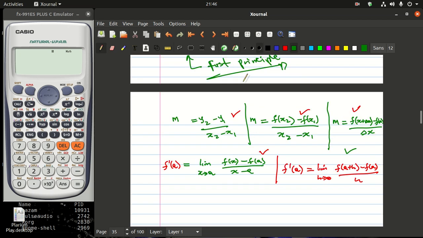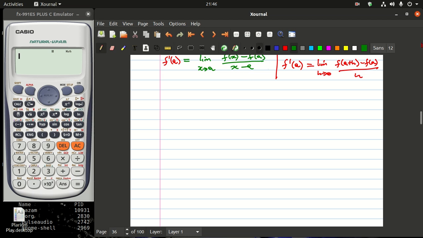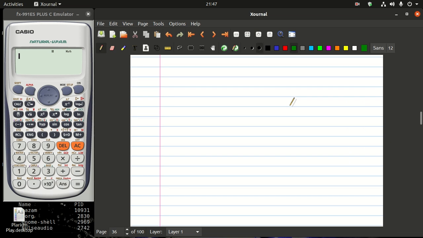But before we do that, I want us to look at the definition here. There's also another definition that I want us to look at.